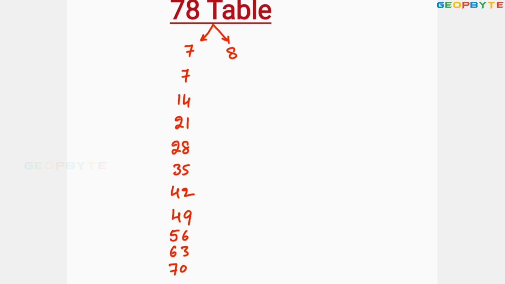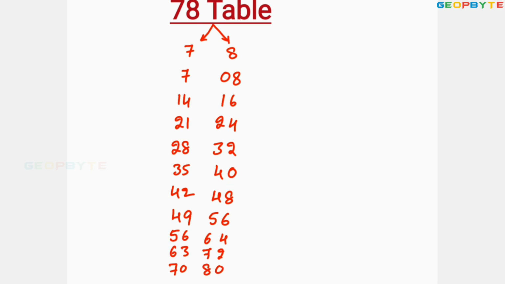Similarly, 8 table. 8 write as 2 digits, 0, 8, 16, 8 into 3, 24, 32, 40, 48, 56, 64, 72 and 80.